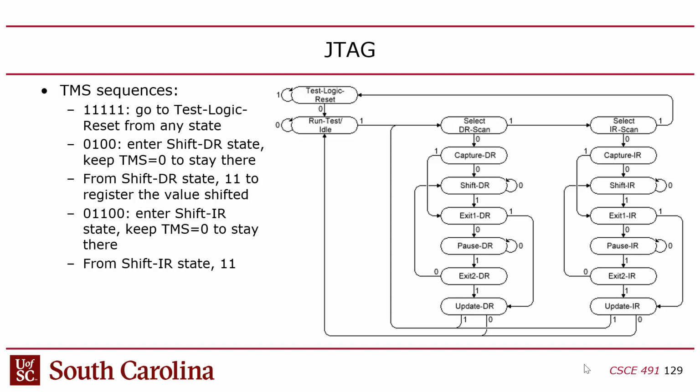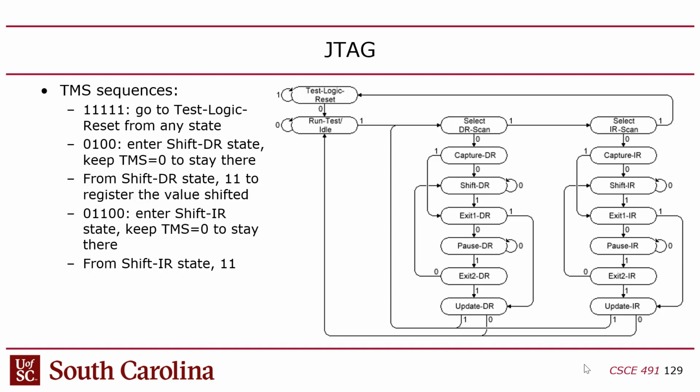Well, I get there by putting in a 0 first. That gets me down here. And then a 1, that gets me here. And then a 0, 0, right? And that gets me to the state I want to be in. At which point I could keep putting in zeros, and this loop back will keep me in that state as long as I keep putting zeros for test mode select.